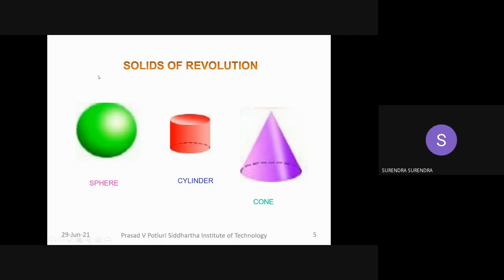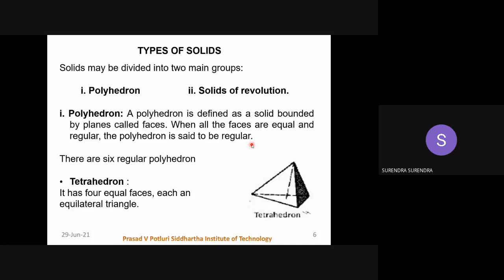Because if you revolve a semicircle for a complete 360 degrees, you will get a sphere. If you revolve a rectangle for 360 degrees, you will get a cylinder. If you rotate a triangle for 360 degrees, you will get a cone. So these 3 are called solids of revolution.